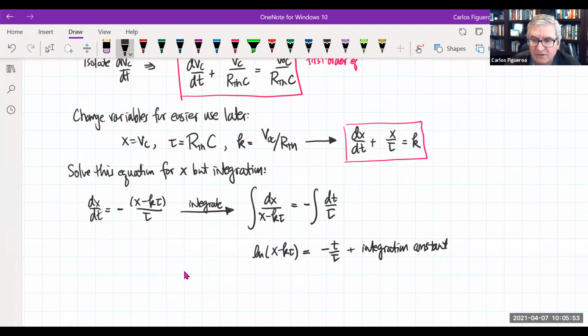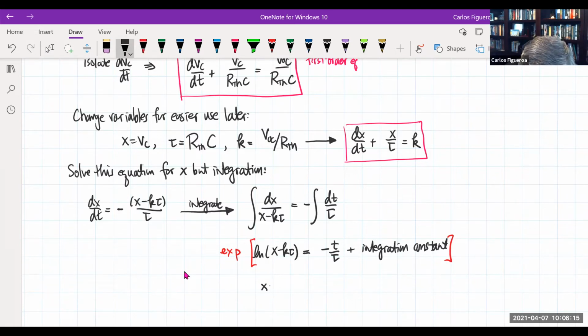And this integration constant is an arbitrary constant. But I need to isolate x. So what am I going to do? I'm going to take the exponential of both sides. So if I take the exponential of both sides, what you're going to see here is that then I get this guy here. Then it reverses this.